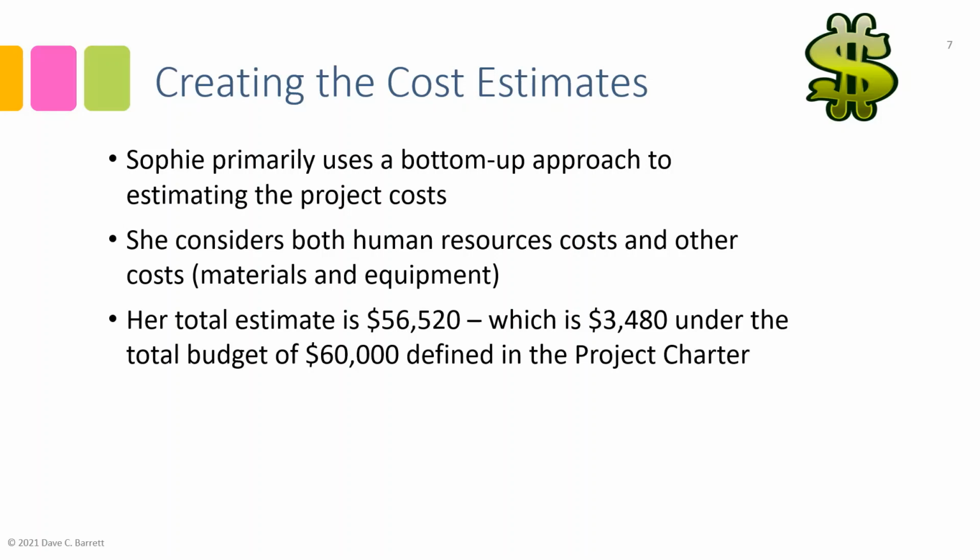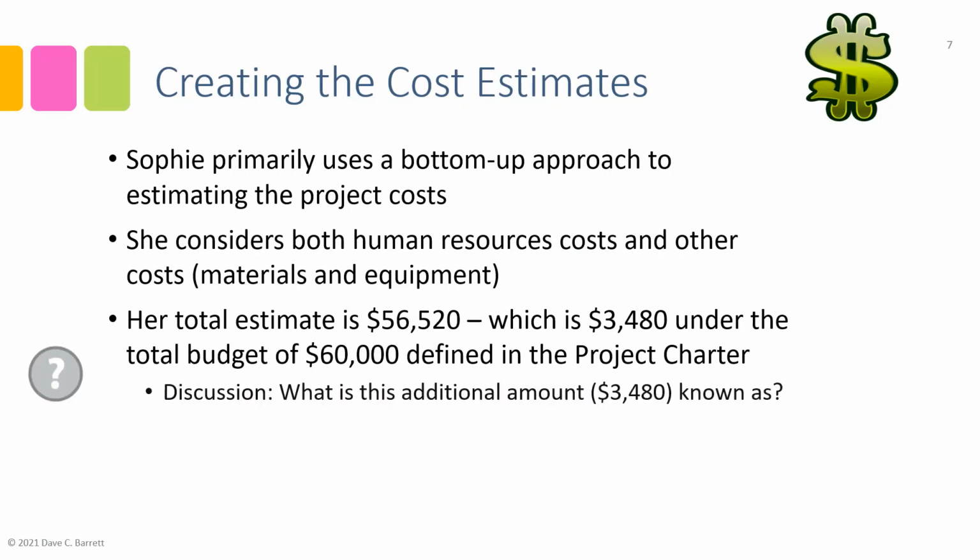Maybe we can defer something to another project. Maybe for some of the materials we were going to buy, there's a different type that would save us some money. So that's where we would make some different scope decisions or timing decisions, which could allow us to get down to our $60,000 budget or below it. But at this point we are under budget.